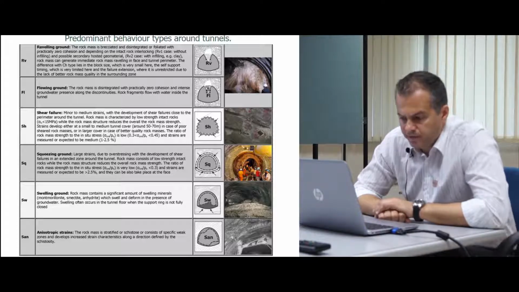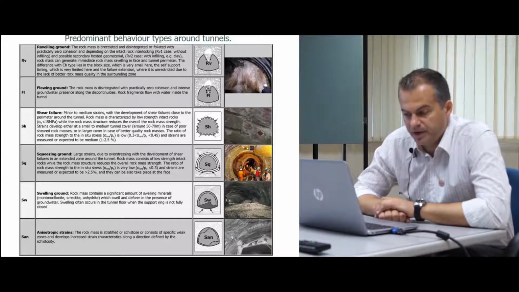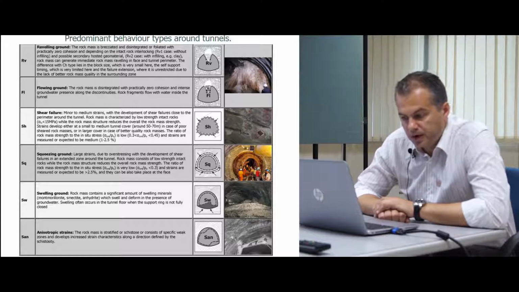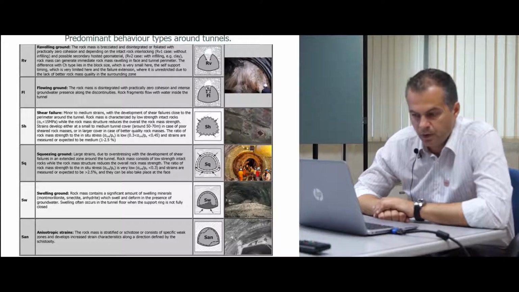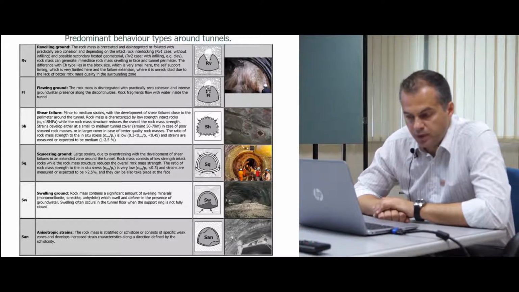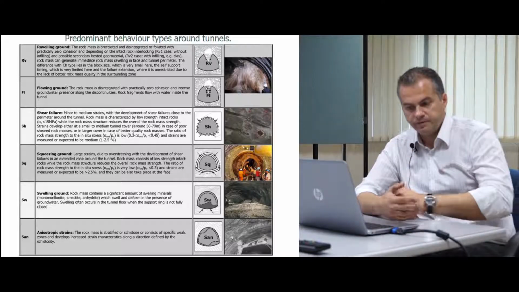Then the two final ones. The first is swelling ground, when we may have some swelling minerals inside, like montmorillonite, smectite, anhydrite, which swell and deform in the presence of groundwater. We may have some cases where swelling often occurs in the tunnel floor when the support ring is not fully closed, like the one shown in the photograph.